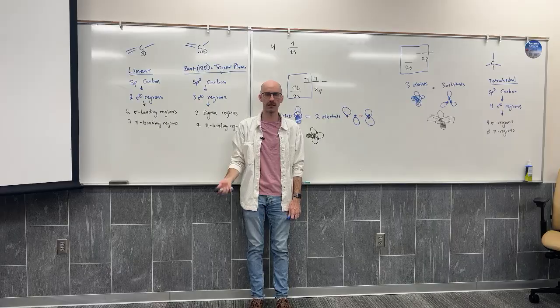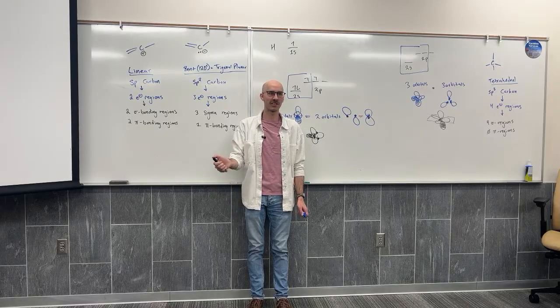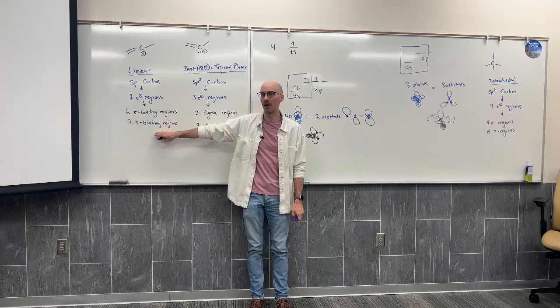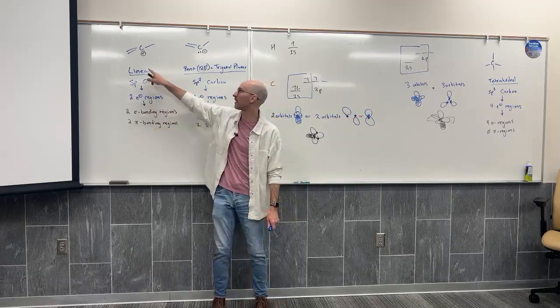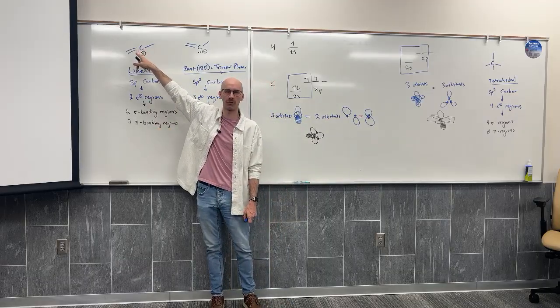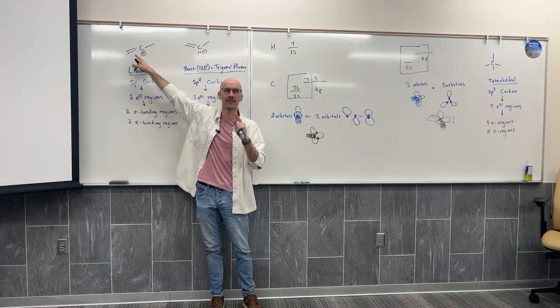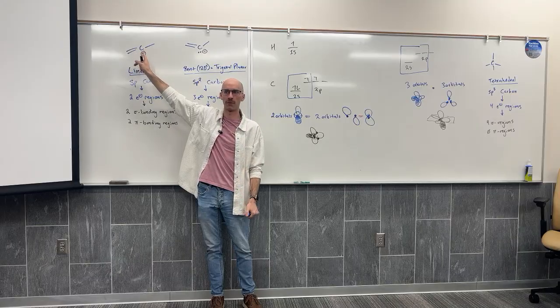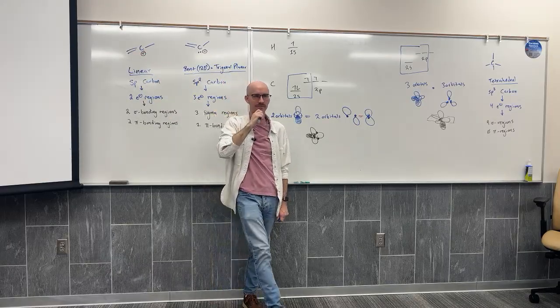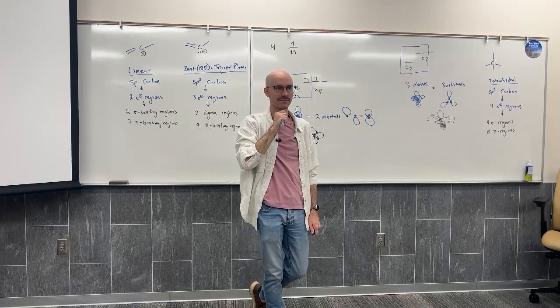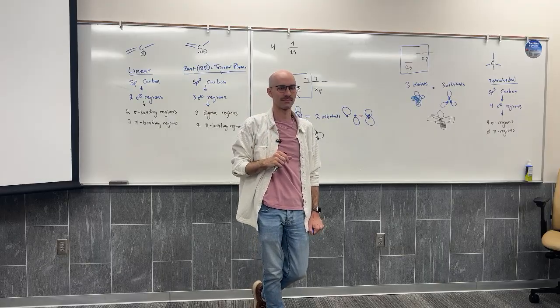Did I make this confusing enough? I'm just upset that I'm calling this pi bonding despite the fact that this carbon actually has an empty p orbital. It's not both bonding, but one of them is a pi region. Gavin? You're saying if we don't use the p, then it becomes a pi bond, essentially.